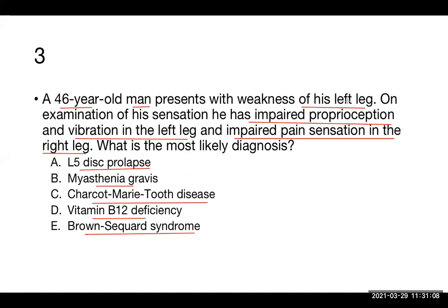Because of this, same-side muscle weakness has occurred, and also loss of vibration and impaired proprioception on the same side, because these are carried by the dorsal column tract, and the dorsal column fibers don't cross over at the same level. They go way high up and cross over in the medulla. That's why there is no crossed type of lesion.